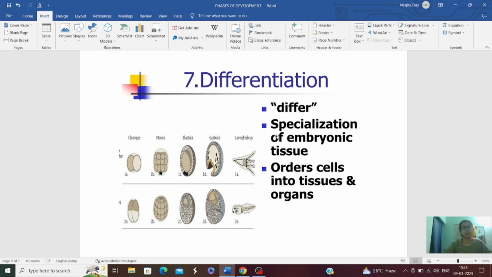Okay. And for the differentiation process, one important thing is the presence of morphogen. What is morphogen? Morphogen is nothing but a chemical messenger, like a hormone. As the hormone regulates the activity of the endocrine glands, in a similar way the morphogens help in the process of morphogenesis, that is the differentiation process.